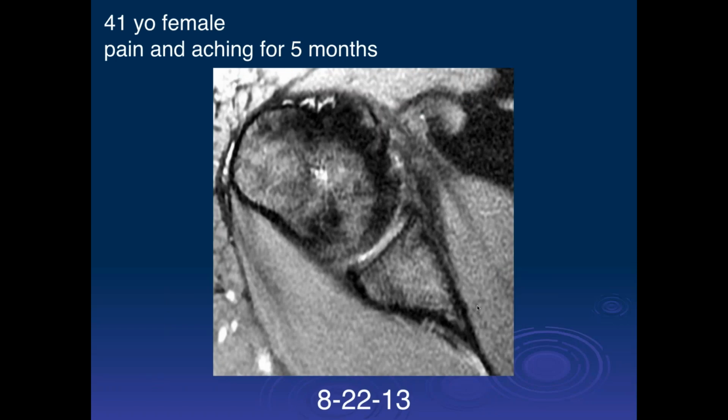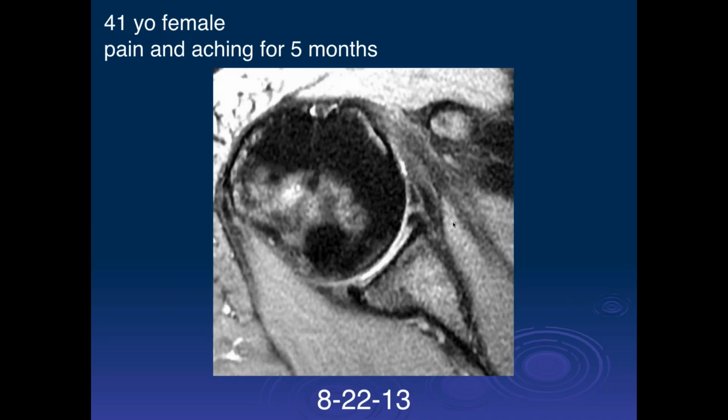Okay. 41-year-old with pain and aching for 5 months. Well, the anterior labrum is ill-defined, a little bit increased in signal, and there's not a whole lot else, I don't think, here.